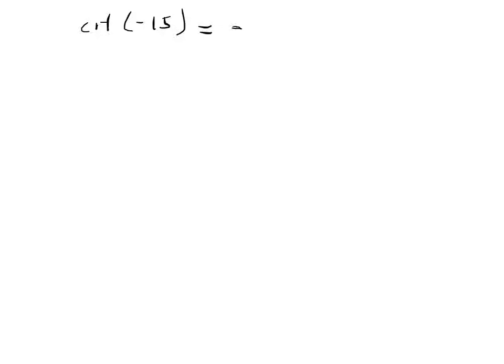That's going to be the negative cotan of 15 degrees. The first thing I'm going to do is get the negative sign out of there. And the next thing I'm going to consider is cotangent is the reciprocal of tangent, so that's then going to be the negative 1 over the tangent of 15.